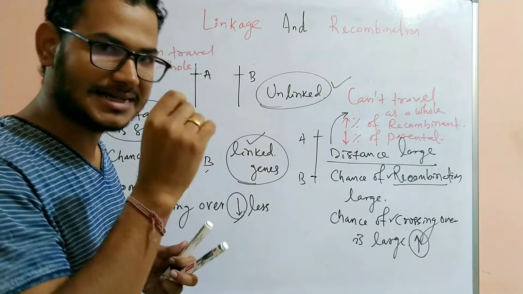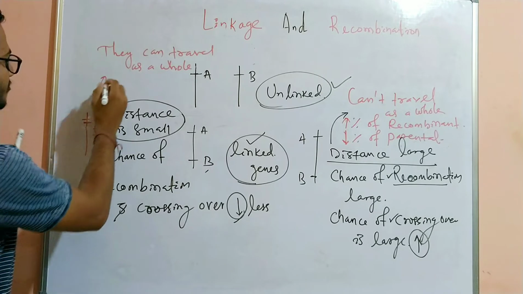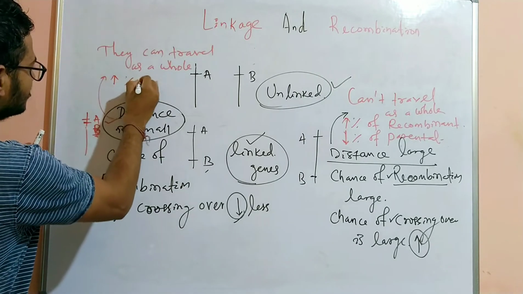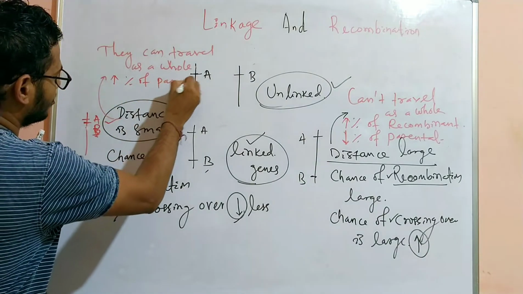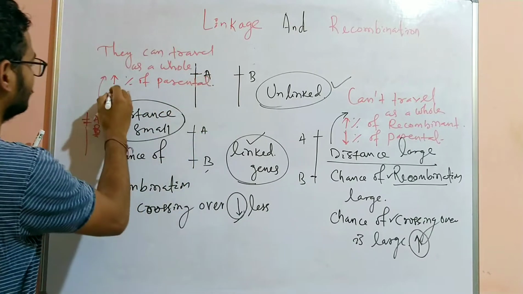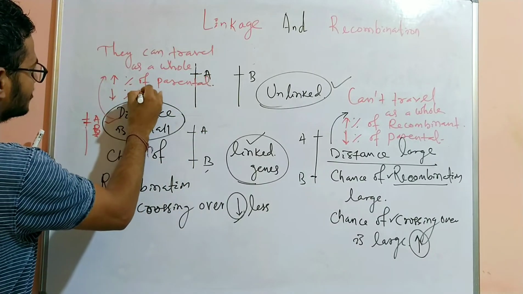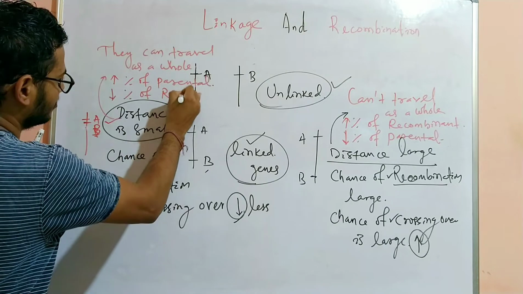So the percentage of parental character is more, and less percentage of recombinants.